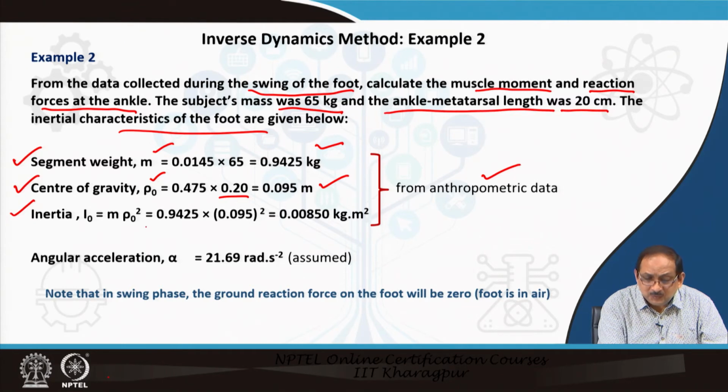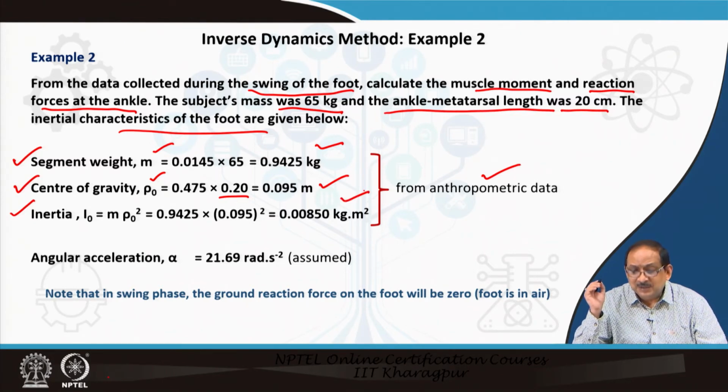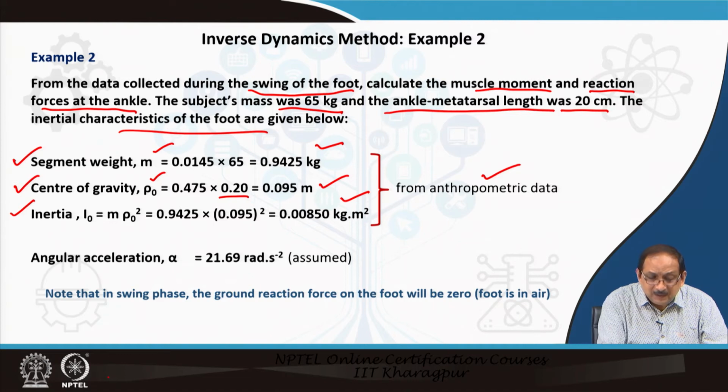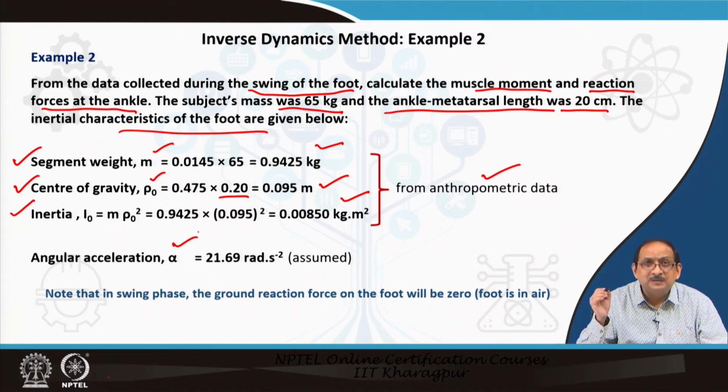So, it is calculated as 0.00850 kg per meter square. The angular acceleration alpha is assumed as 21.69 for this problem.